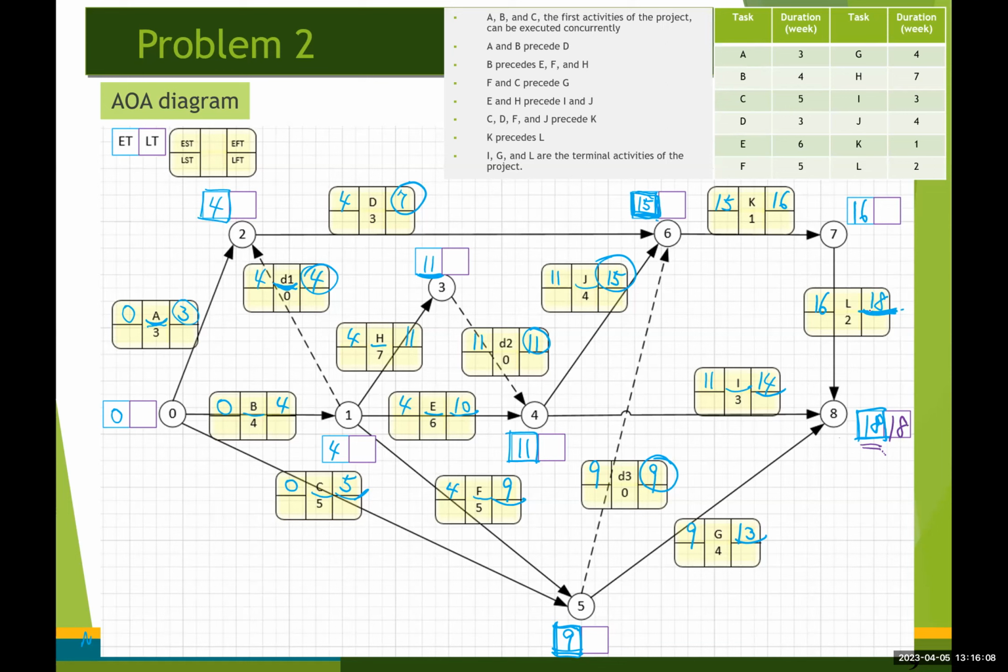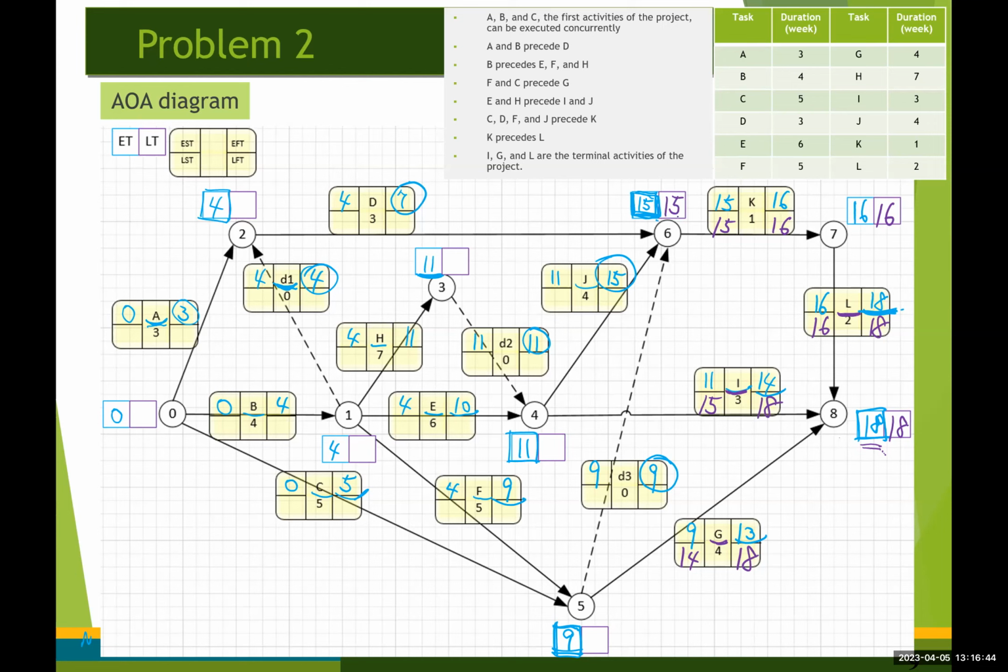So the latest finish time for activities L, I, and G is going to be 18, right? So 18, 18, 18. 18 minus 4, 14. 18 minus 3, 15. 18 minus 2, 16. So we have 16 up here. 16 minus 1, 15, right? So we have 15.